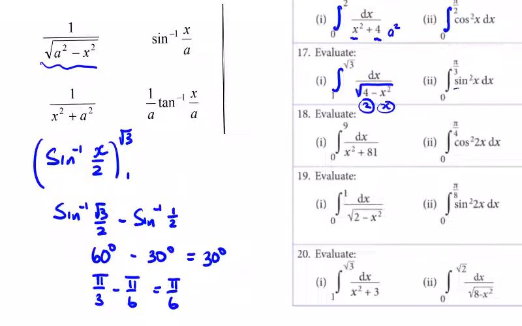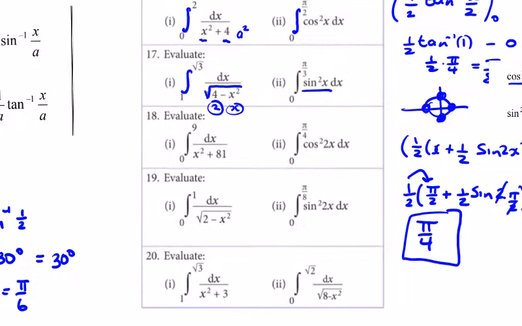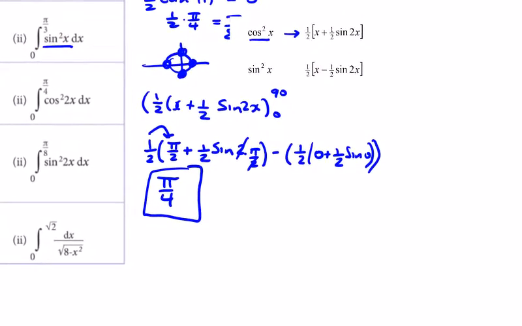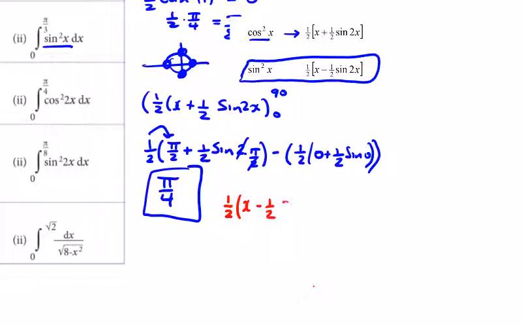Part 2, we have sine squared x. You can see here what it gives. So we're going to get a half times x minus a half sine 2x between pi over 3, 60, and 0.